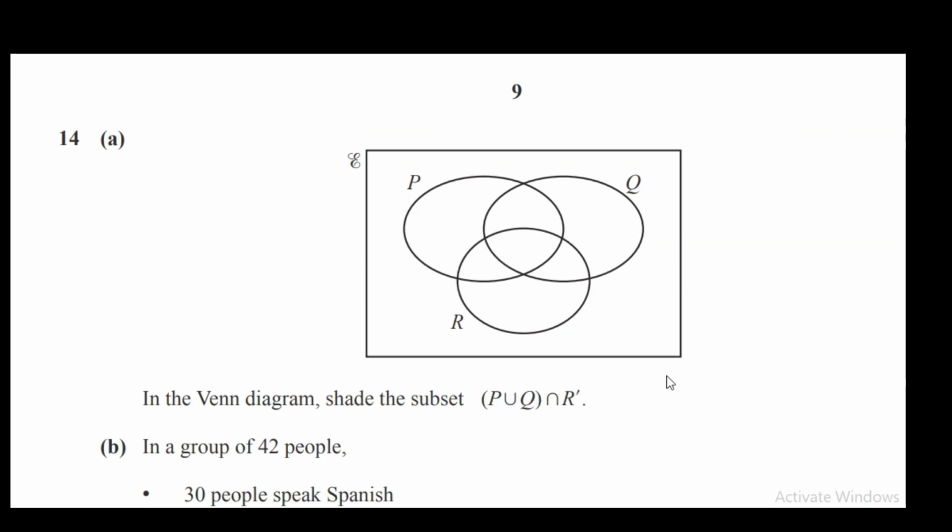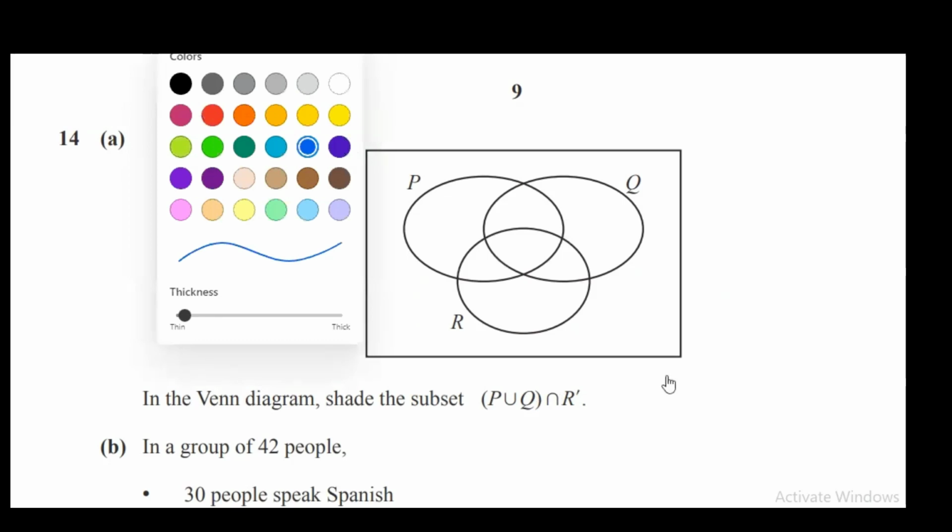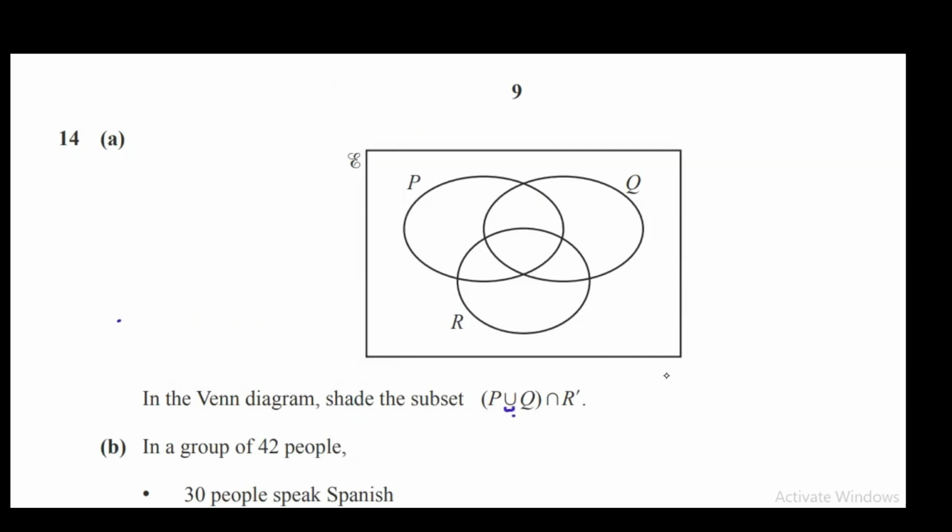So, union means all common and uncommon elements.